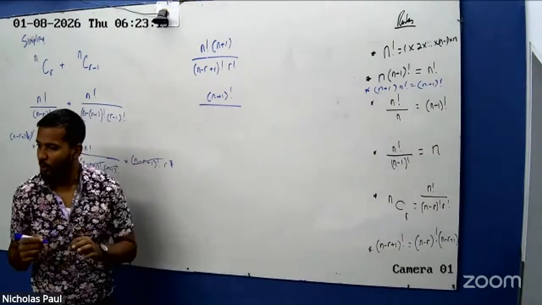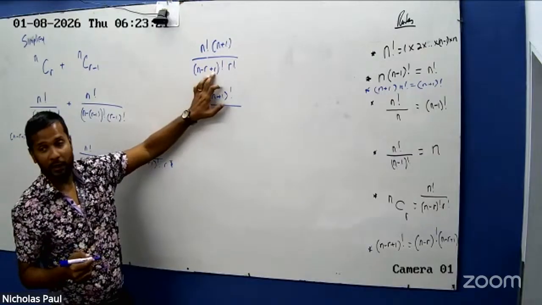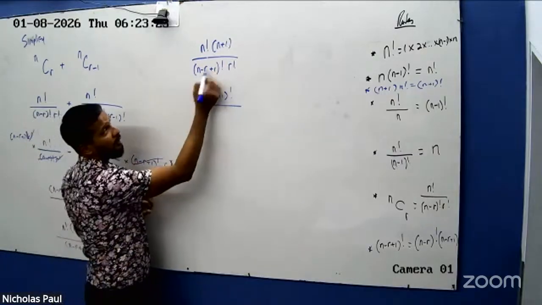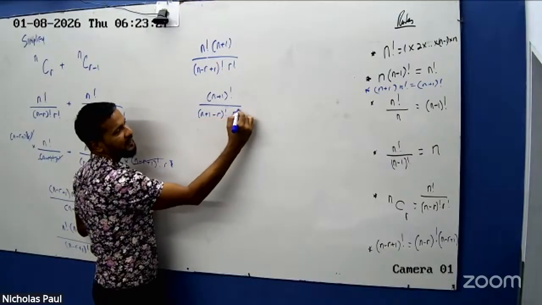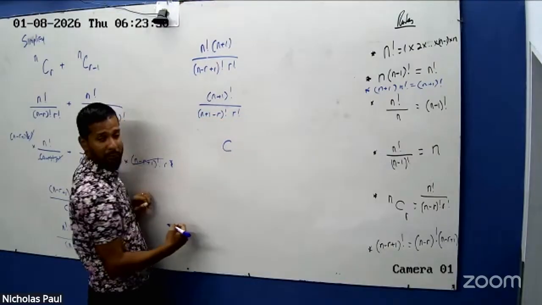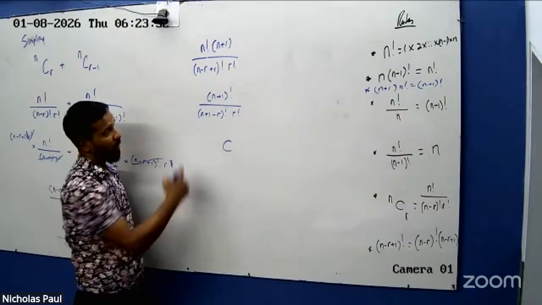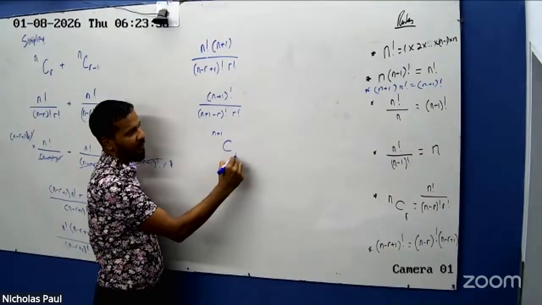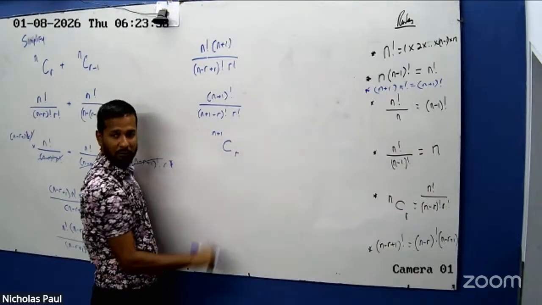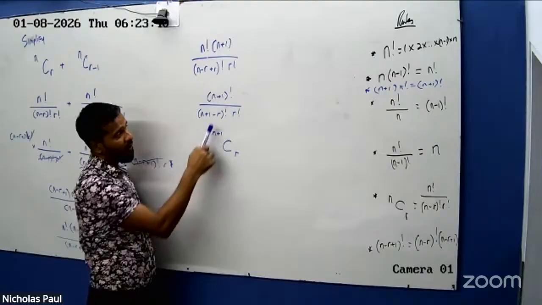Watch this here. You will not see the nCr if you leave the 1 there. What you can do is bring the 1 next to the n, and now you might see the nCr. Anybody can tell me what's the nCr? Look at this. n plus 1, see? You had to put the plus 1 here.